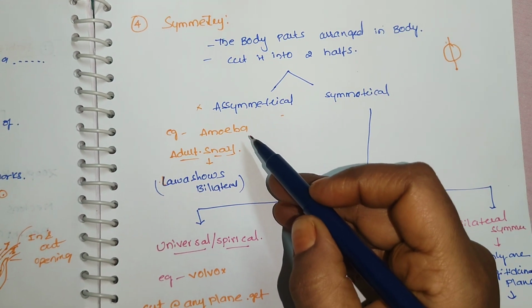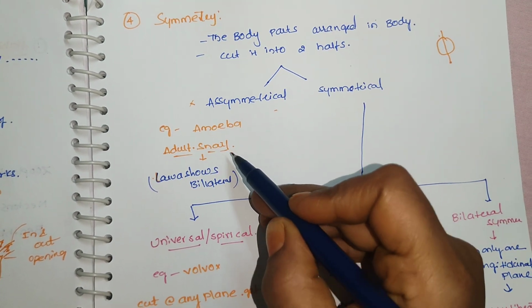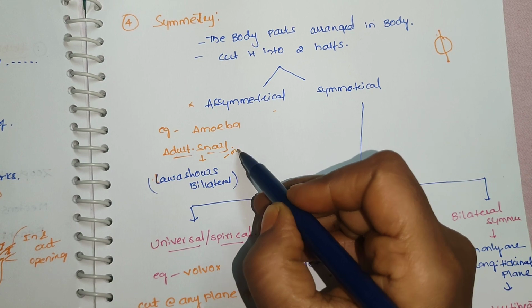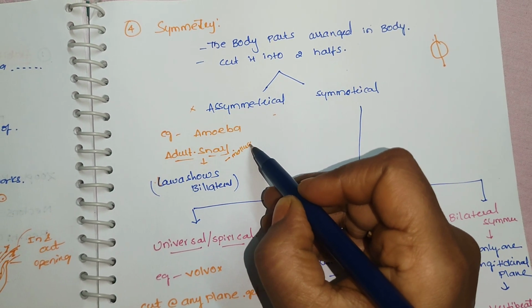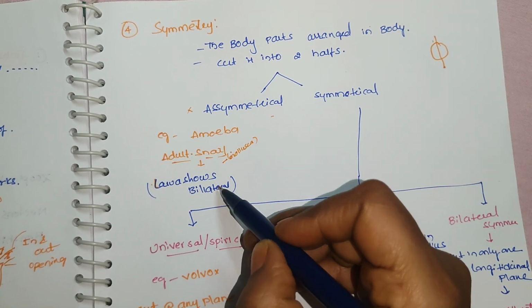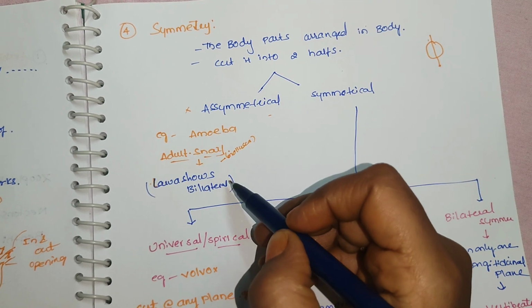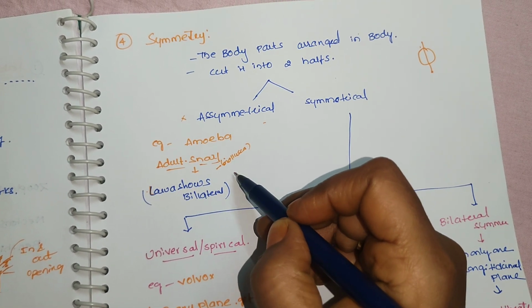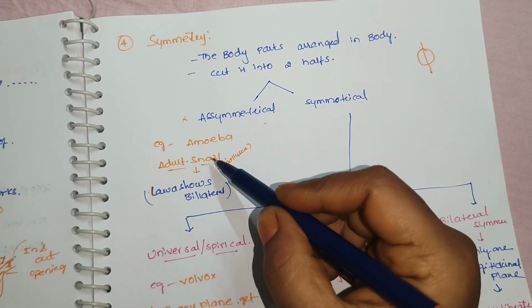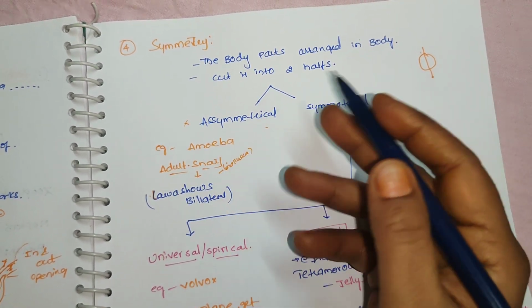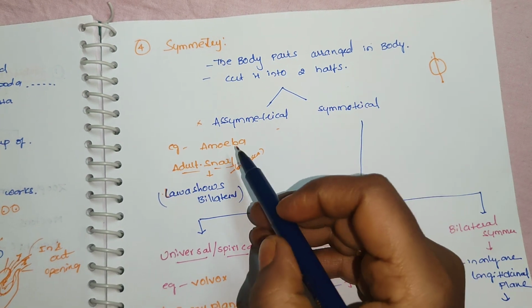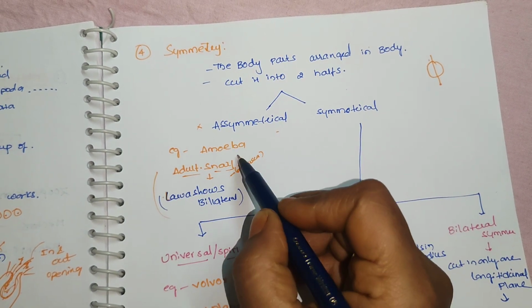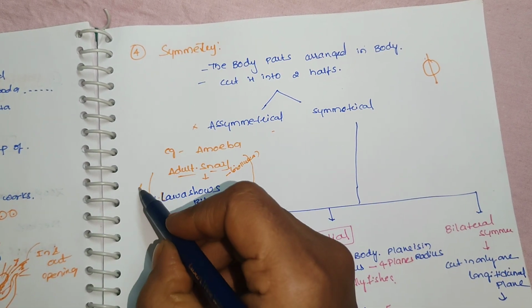Example, amoeba and also the adult snail. Snail comes under mollusca. In mollusca, the larva shows bilateral symmetry, but the adult snail shows no symmetry. This is an exception case, we will discuss it later.